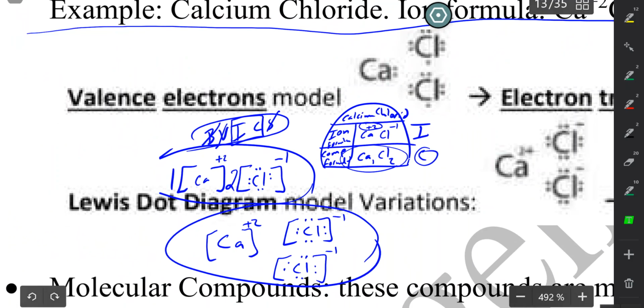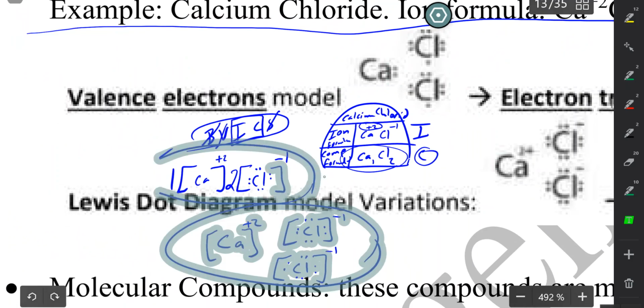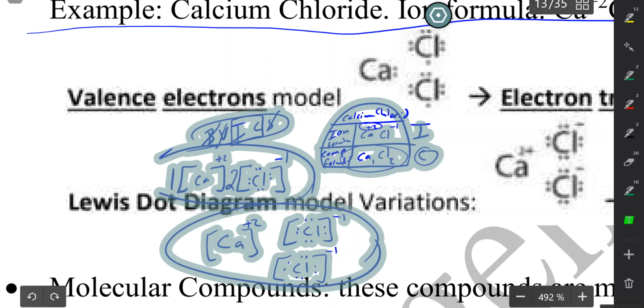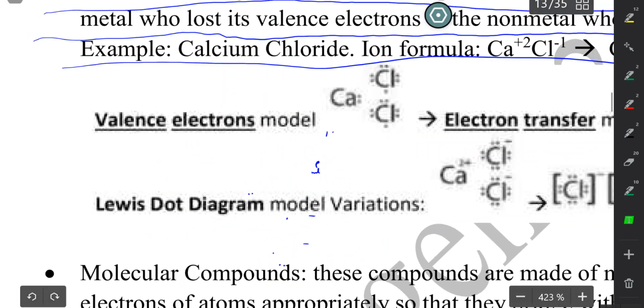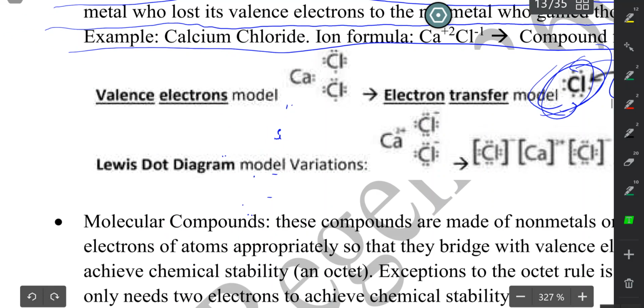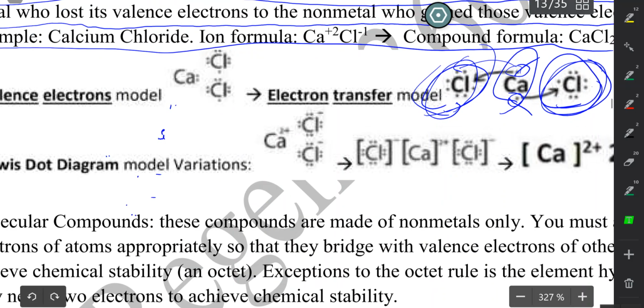So you'll follow this method whenever you're drawing a Lewis dot diagram of an ionic compound.